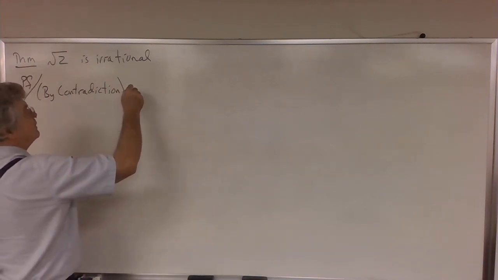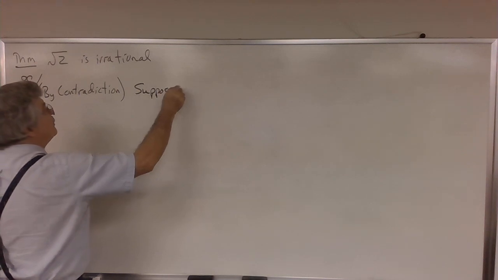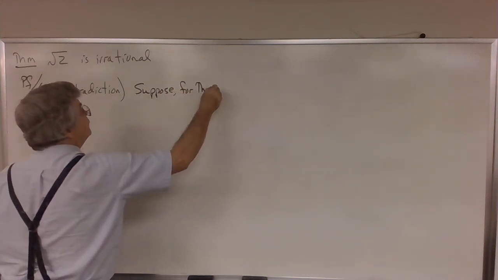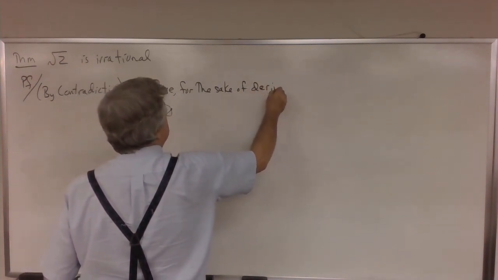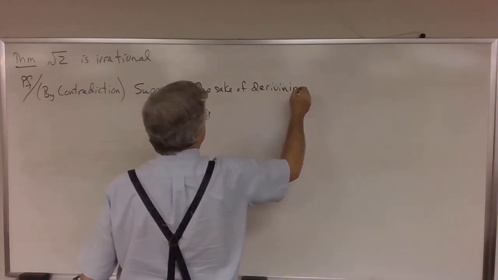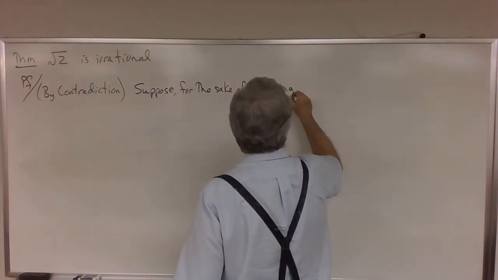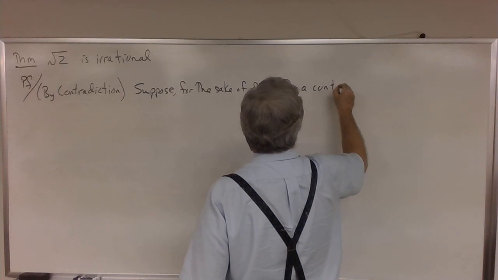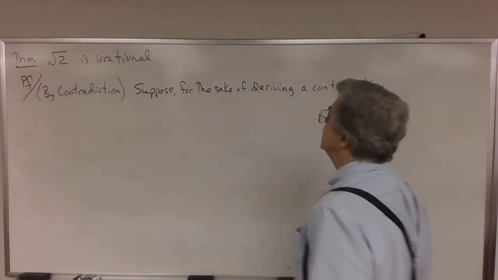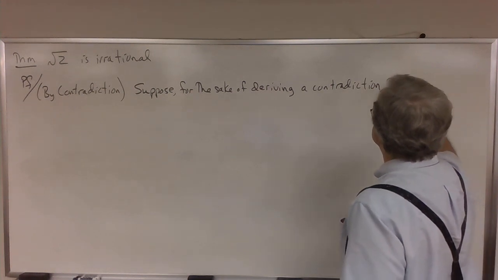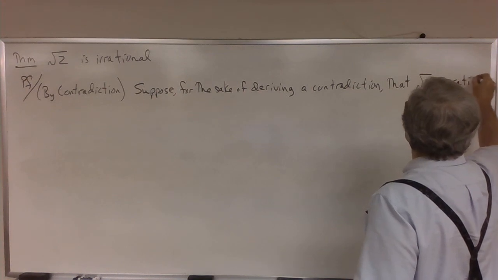Not only that, but I'm going to say it again. I'm going to say something like, suppose for the sake of deriving a contradiction, square root of 2 is rational.